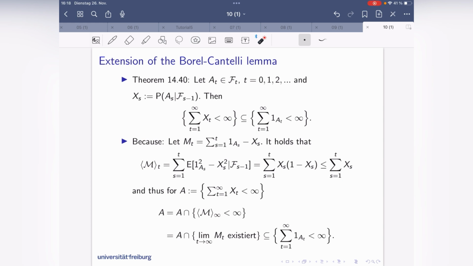For the reason of this, I have an application of the last slide. So M_t here is a martingale, which is, well, the A_s occurs, and I subtract the conditional probability.